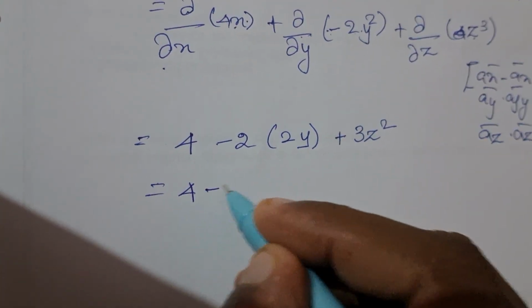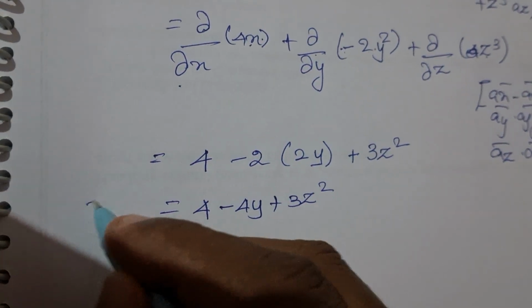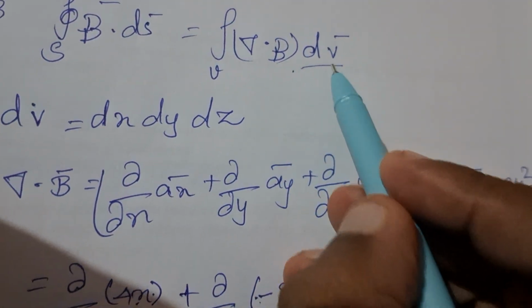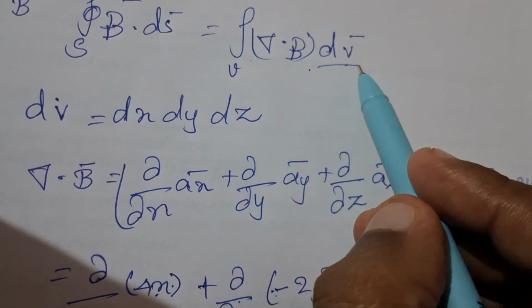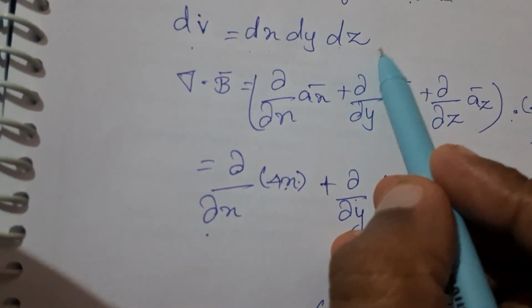So 4 minus 4y plus 3z square is our del dot B. Next we must integrate with dV, where dV equals dx dy dz.